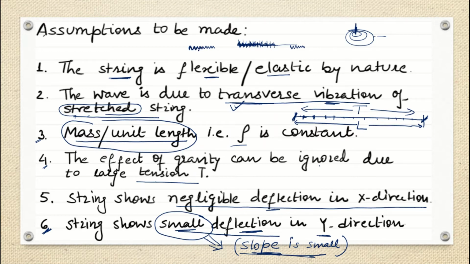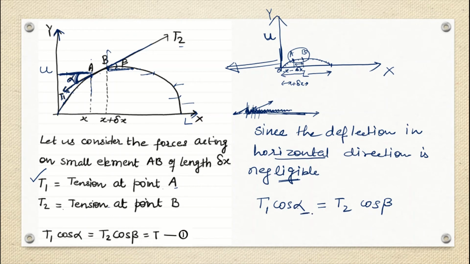Since alpha or beta is very small, cos of nearly 0 degree is 1, so we treat them as 1 only. So T1 into 1 equals T2 into 1.